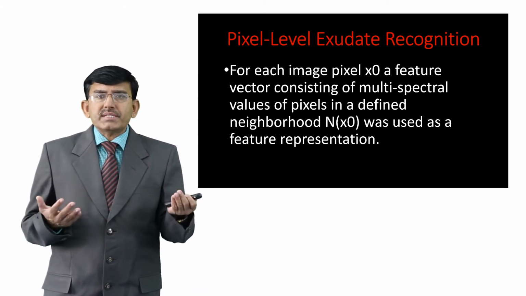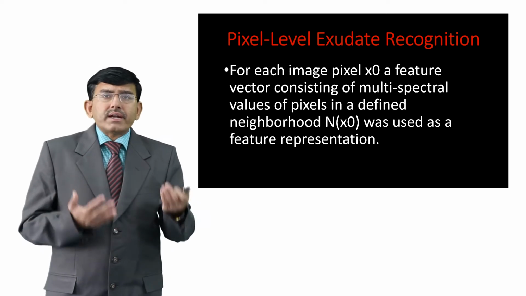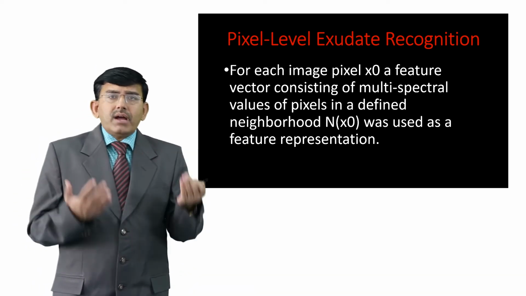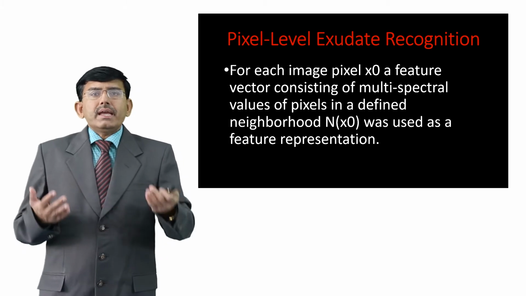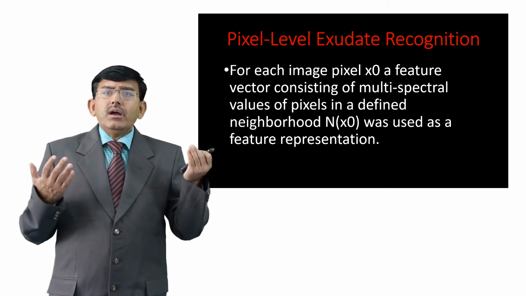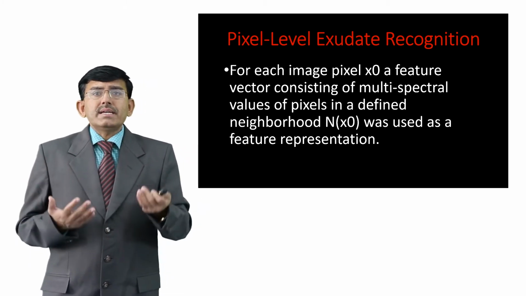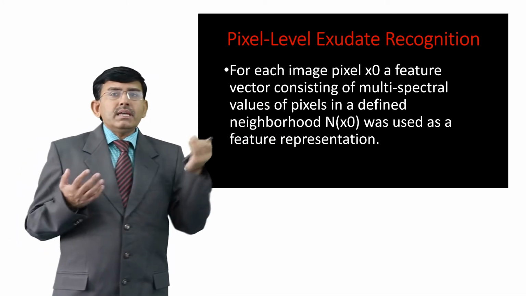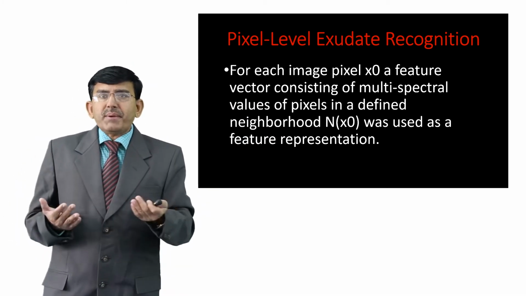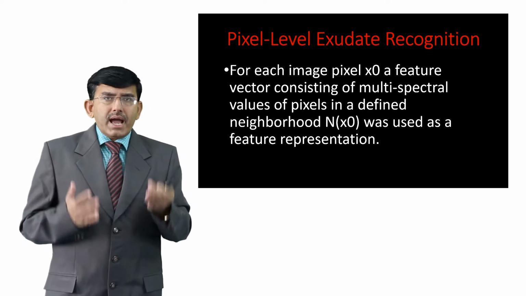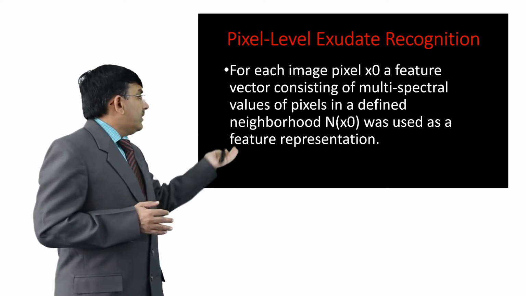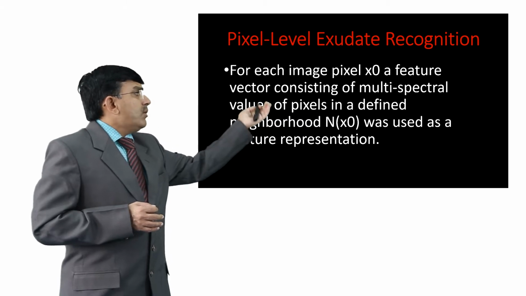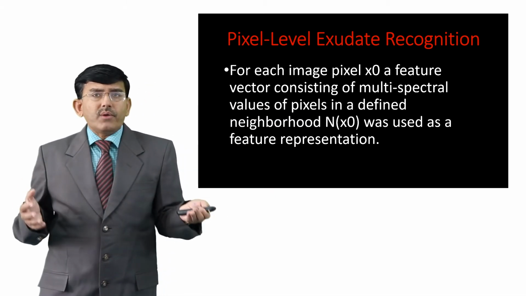For each image pixel, a feature vector consisting of multispectral values of a pixel in a defined neighborhood was used as the feature representation of the image. Here multispectral means a combination of visual spectrum plus radio waves plus microwaves and so on.